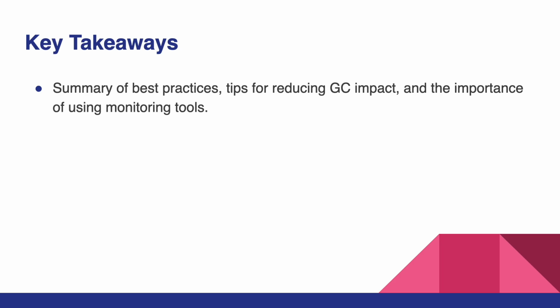By following best practices and avoiding common pitfalls, we can make our Java applications more effective and responsive. Regular monitoring and profiling further ensure that we stay ahead of potential memory issues, enabling us to build scalable, high performance applications.